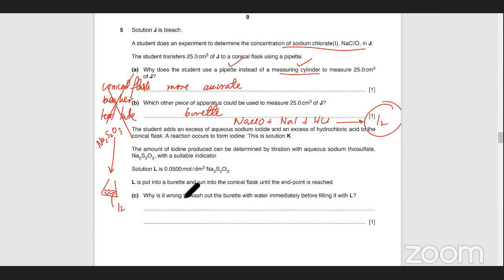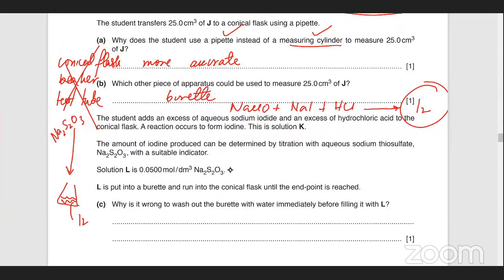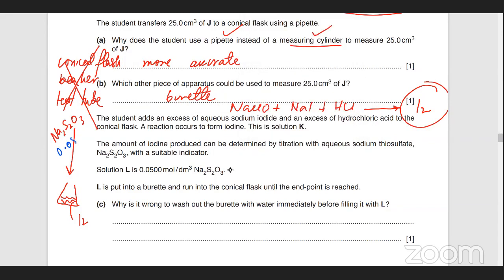Now the question is, he's given you the concentration of sodium thiosulfate as well, which is what is the concentration? It's given as 0.05 mole per dm cube. Remember that. Okay, let me change the marker. So he's given you that. It's 0.05 mole per decimeter cube. So he's given you the concentration.